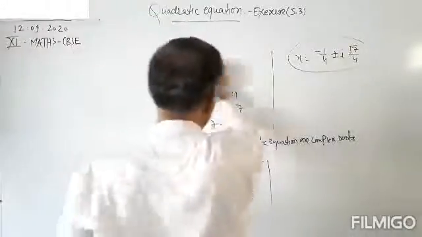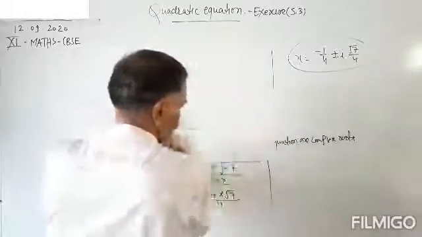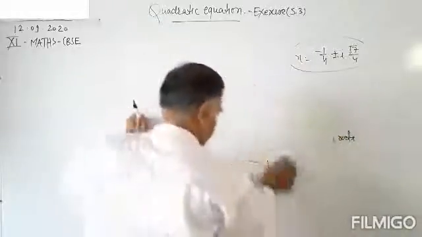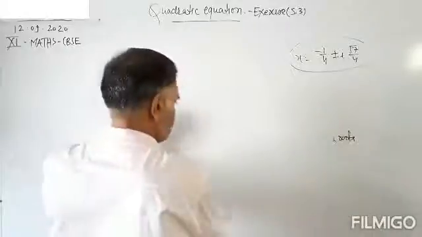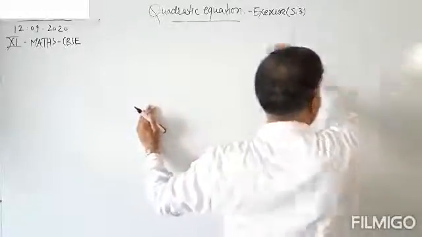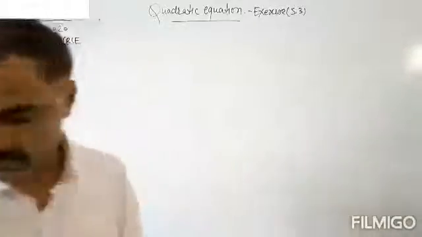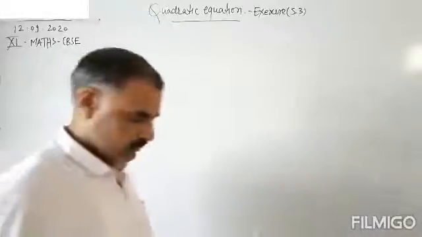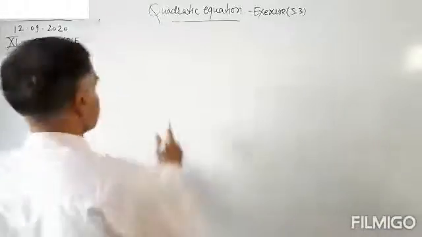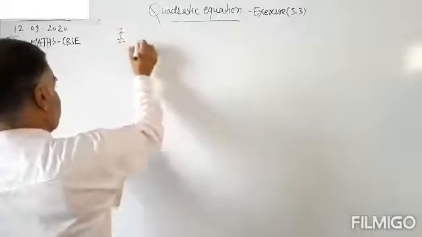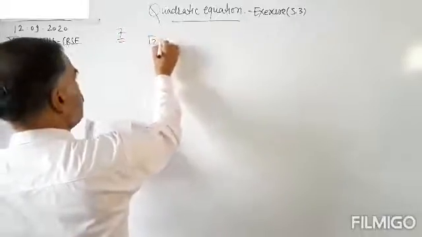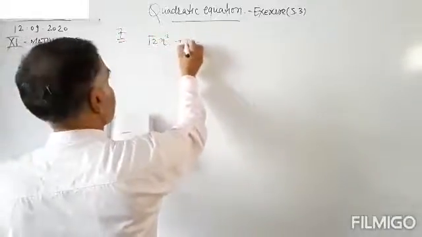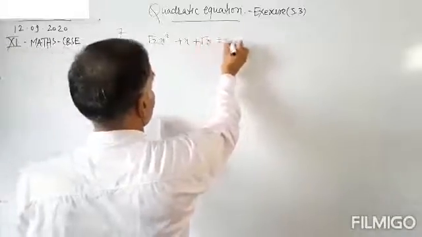Now let us take another question of Exercise 5.3, question number 7: under root 2 into x square plus x plus under root 2 equals 0.